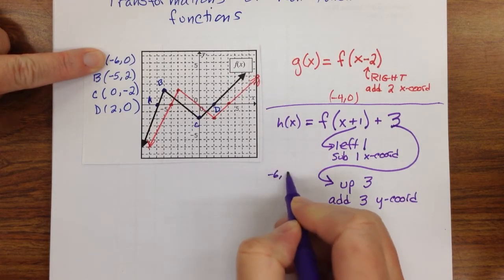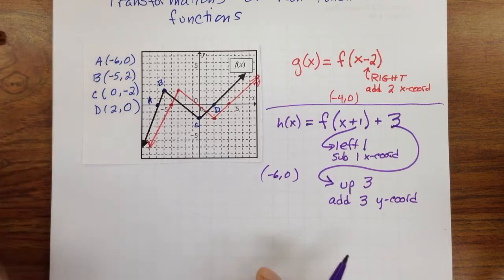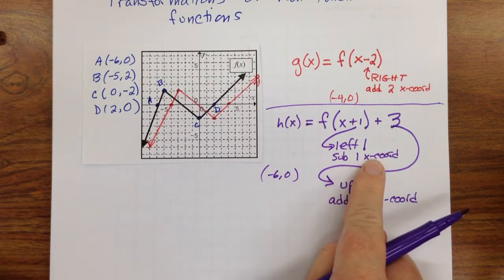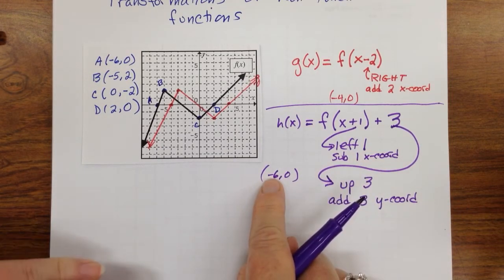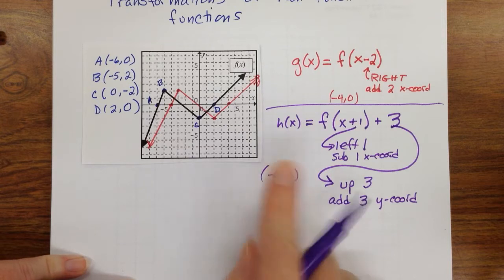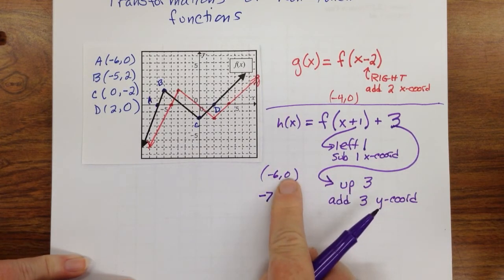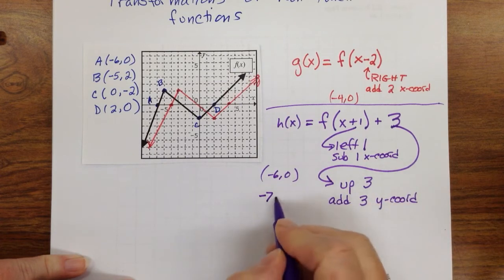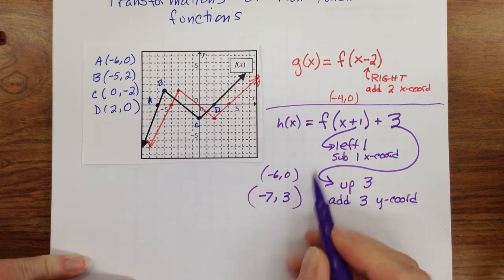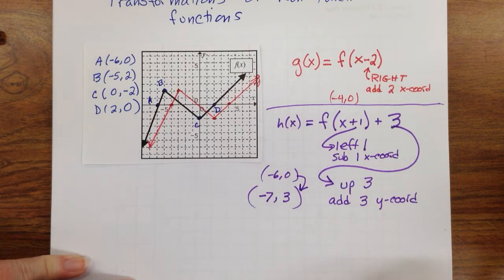You could take -6, 0, and we could do the following. Subtract 1 from the X coordinate. -6 minus 1 becomes -7. And then to the Y coordinate, you could add 3.